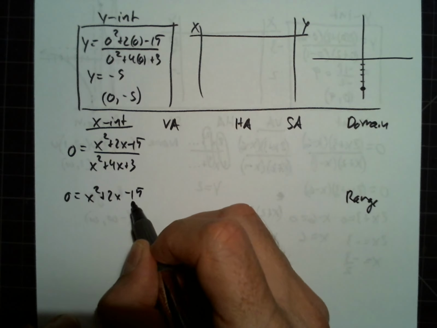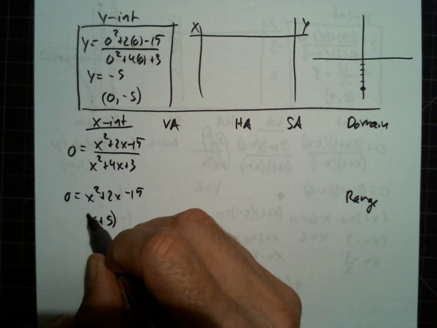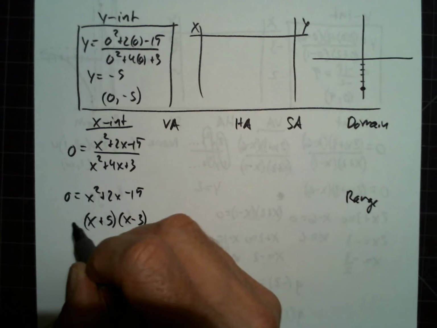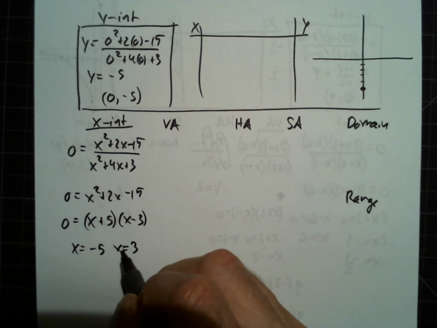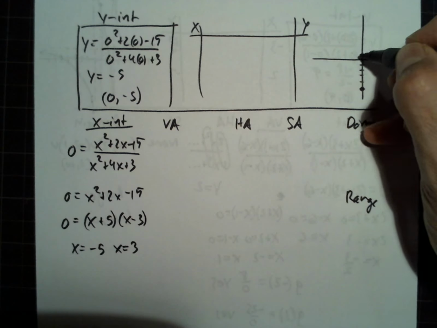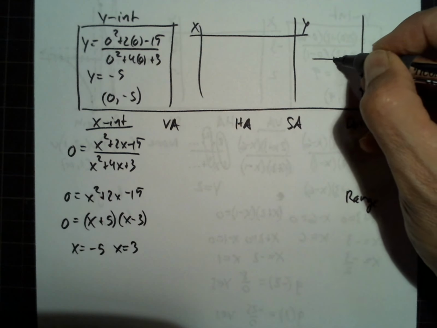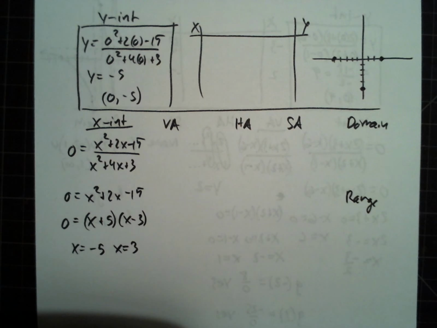And now we just have to factor that as x plus 5, x minus 3. So those are x-intercepts. 1, 2, 3. So we know that much about the graph.